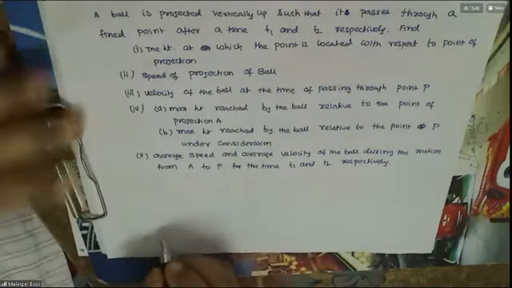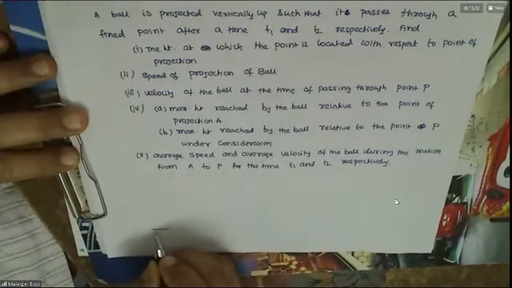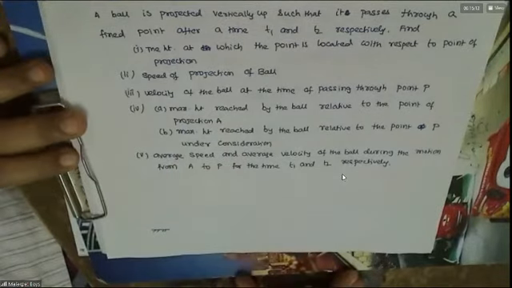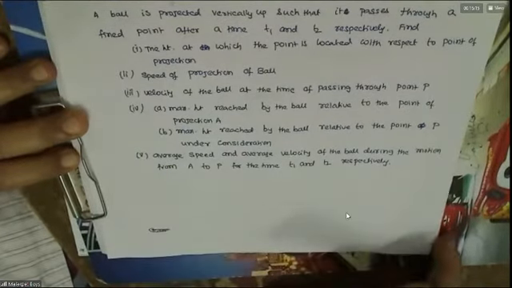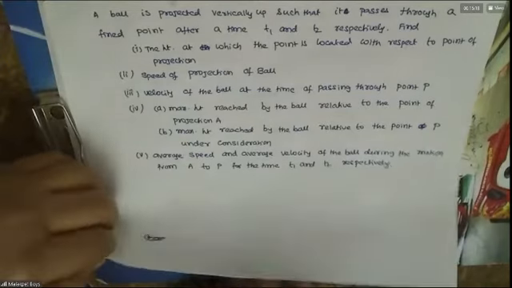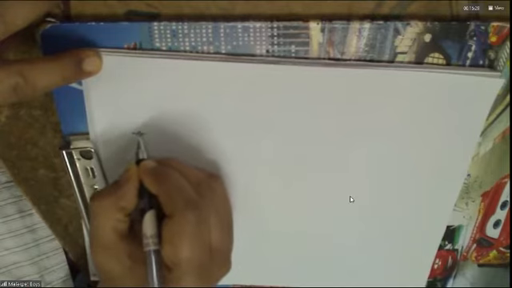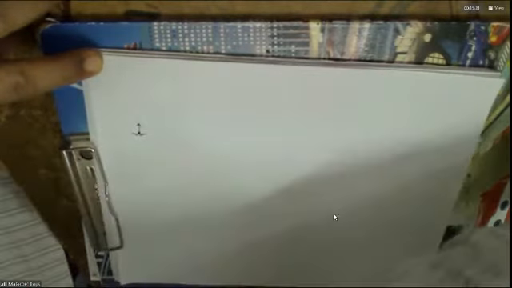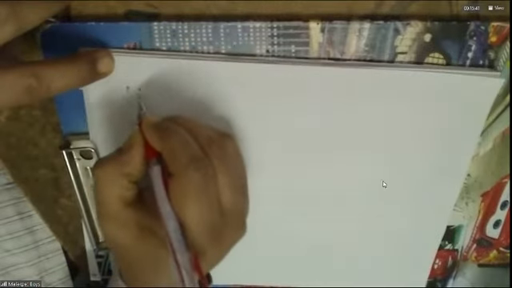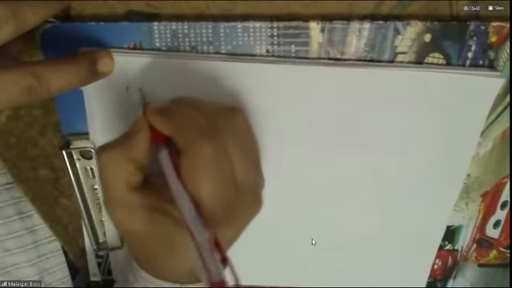Shall I do it? See here, noted down the question. Yes, sir. See, the first one is, it is projected from here. The ball goes up. What is asking? Ball is projected through a fixed point. There is one point here, say P. This ball goes like this, passes through this.